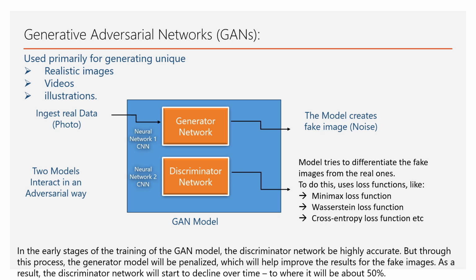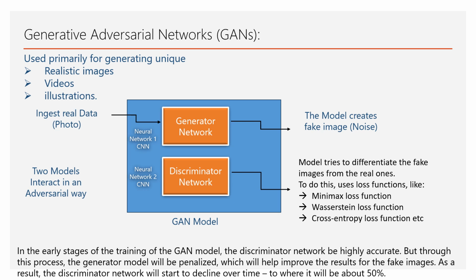So basically the discriminator and the generator, these two models interact in an adversarial way, like a conflict. The generator is trying to produce fake images out of the true image, and the discriminator is trying to differentiate, saying, hey, this is the fake you have produced. Let's understand how these models work in the initial stages.